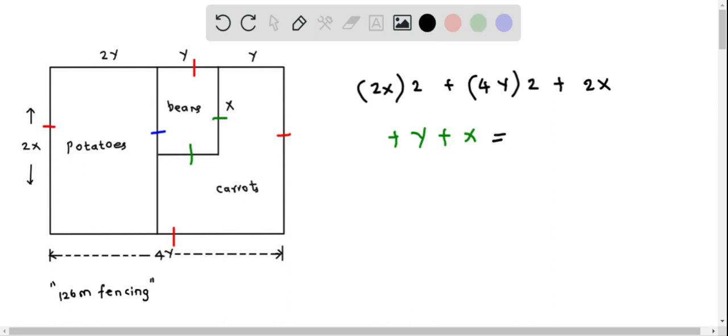He has a total of 126 meters of fencing, so therefore this fencing equation is equal to 126.